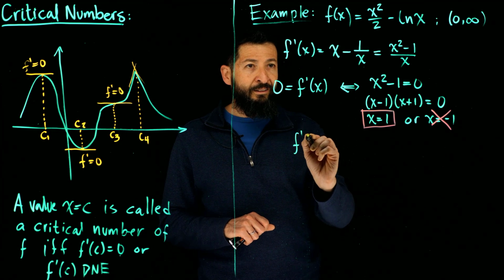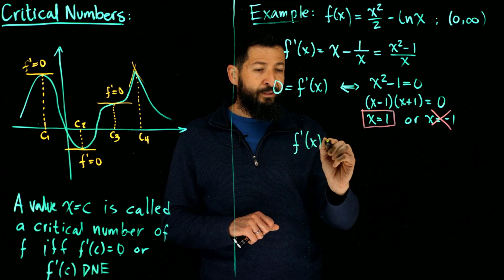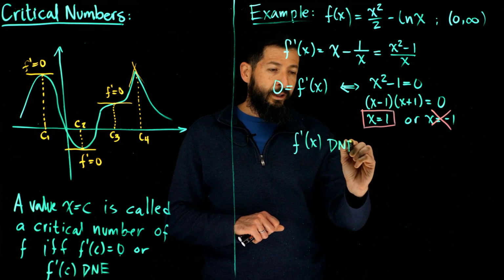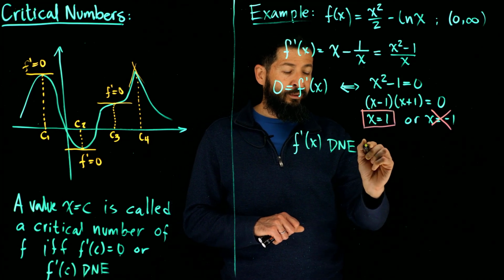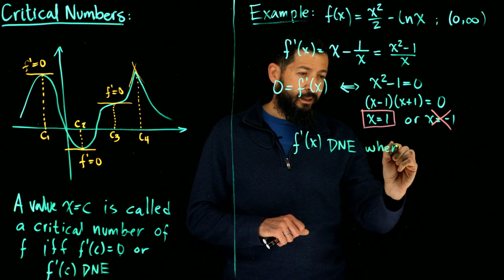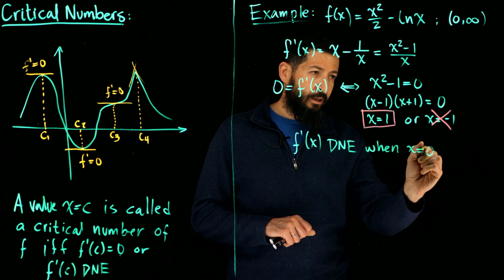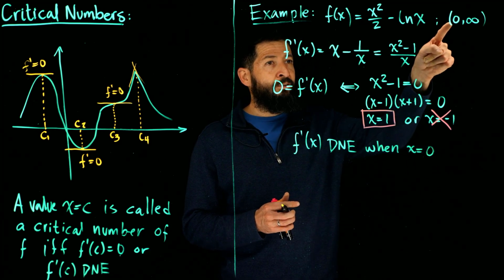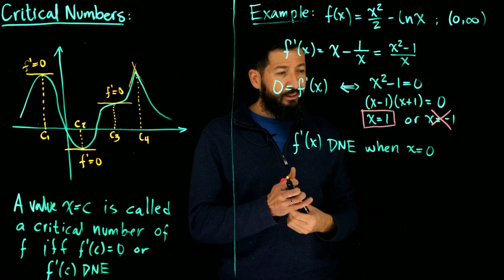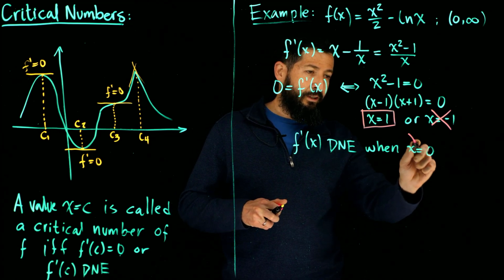Now, looking at this function, the derivative does not exist whenever the denominator is equal to 0. However, x equals 0 is not in the domain, so that is not a critical number either.